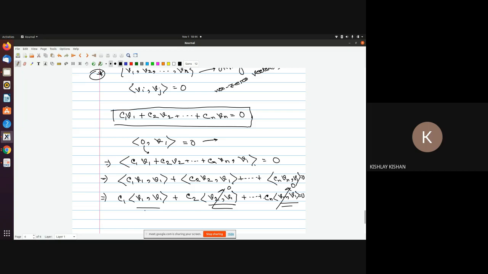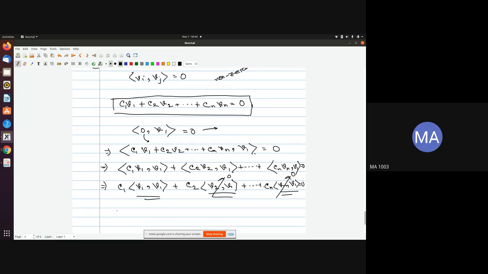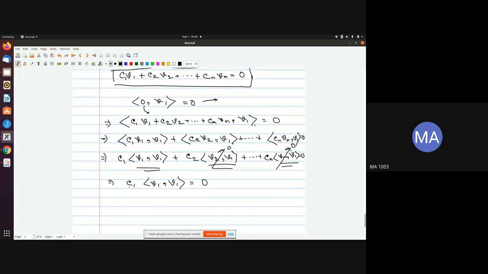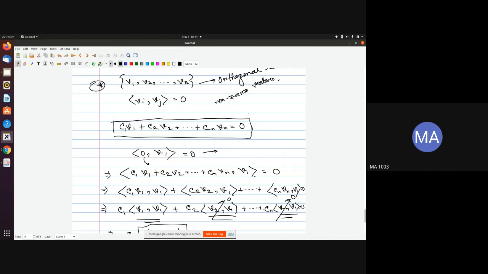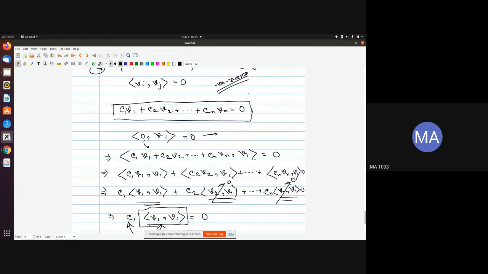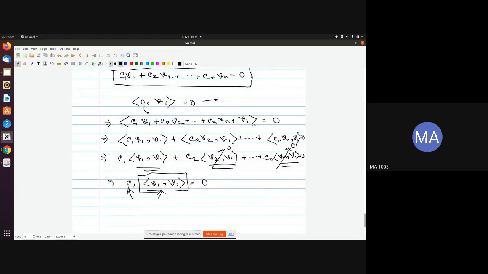Except the first one. We don't know. So I am getting C1 times the inner product of V1 and V1 equal to 0. This is a scalar, this is also a scalar. But we know that this cannot be 0 because I have non-zero vectors. I have mentioned non-zero vectors. So taking the same vector V1 and V1, this is always greater than 0. This is not 0. So C1 must be 0. Correct? Any doubt in this?